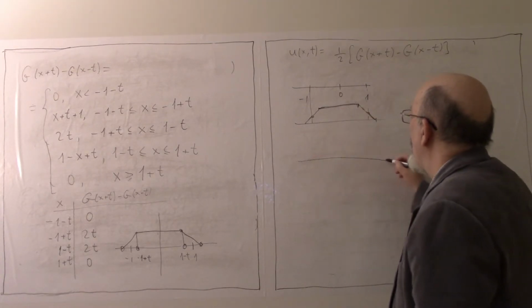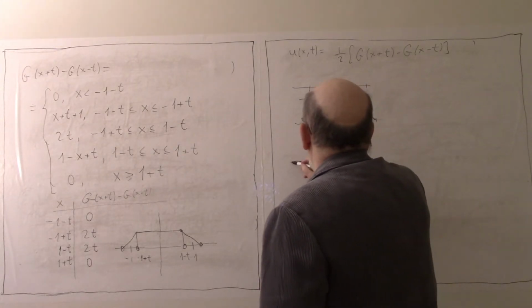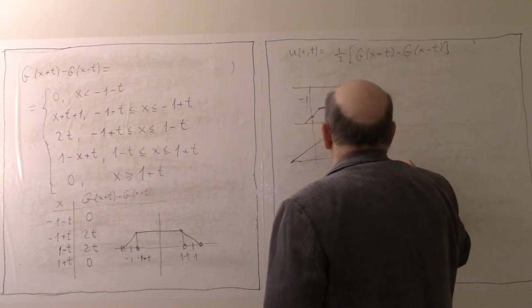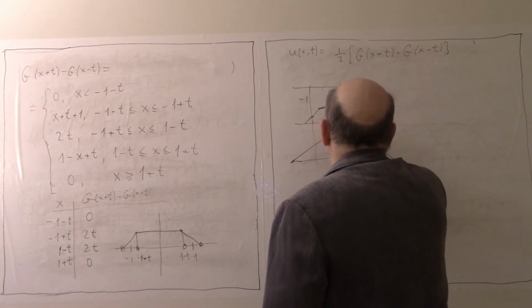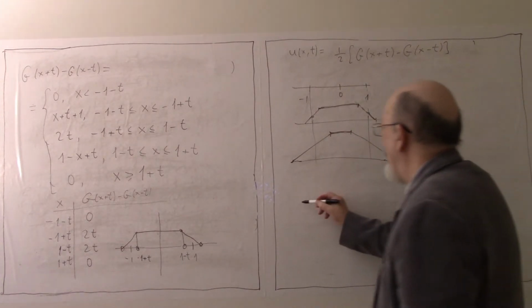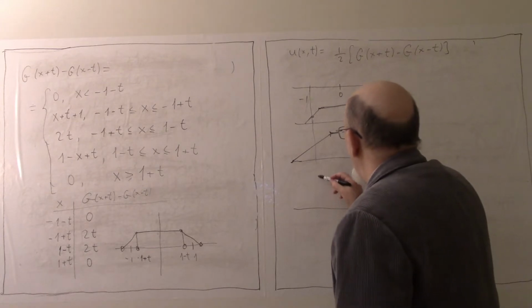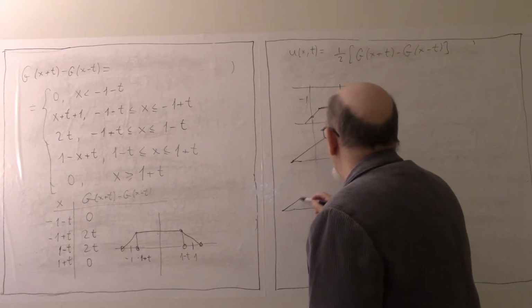Next we'll have something like this. This horizontal segment becomes shorter and shorter and higher, and at last at t equal 1 we have this picture.